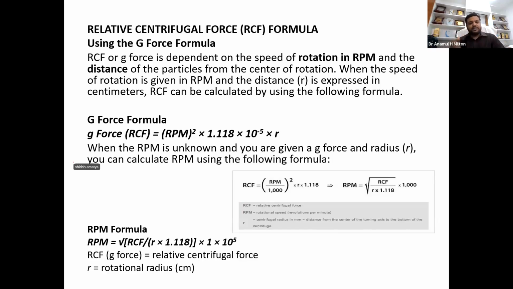It should be measured. So how much RCF you give can be calculated: RCF equals the rotation per minute squared, times the pre-formulated 1.1 times 10 to the power -5, times the radius in centimeters. So you can calculate how much G force you have given.